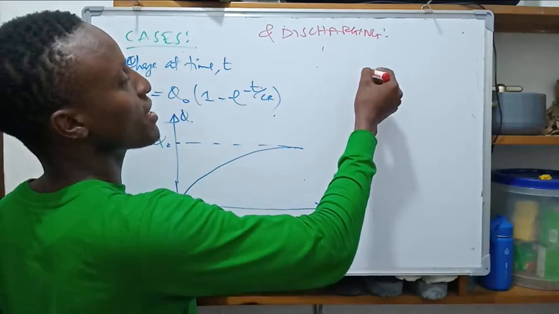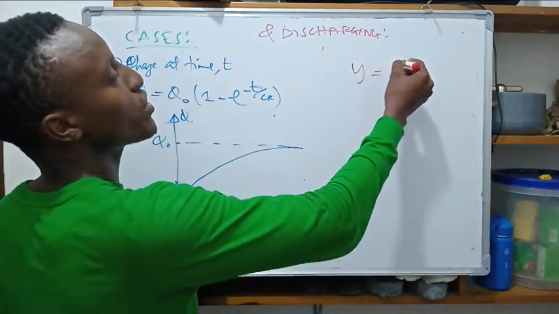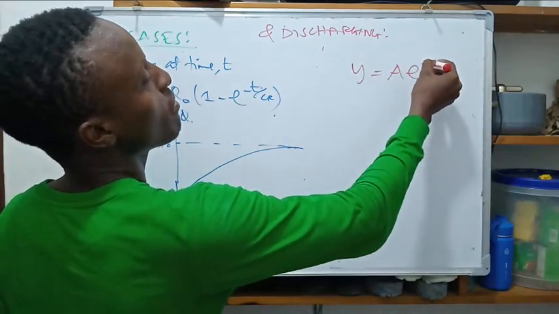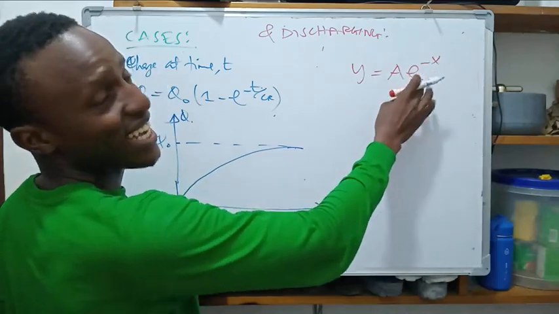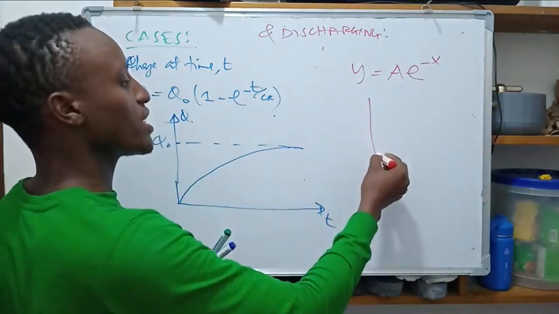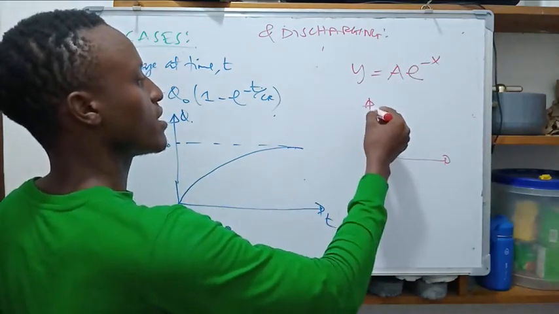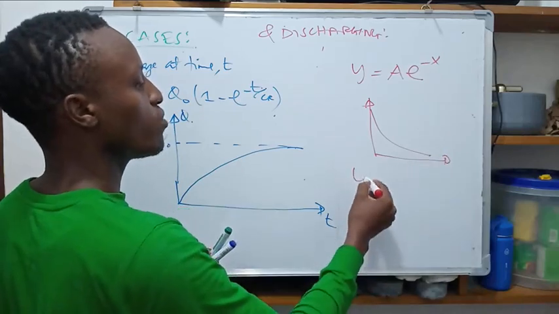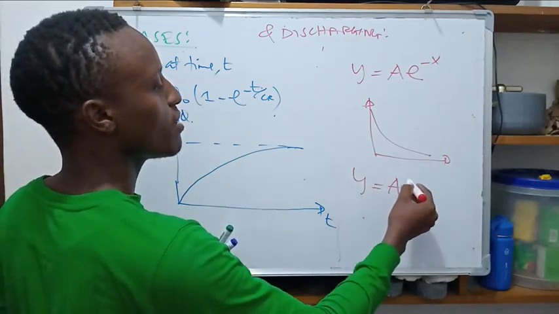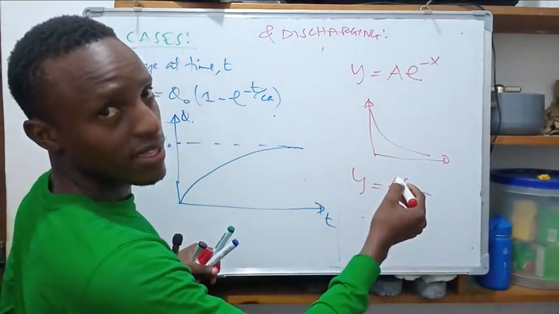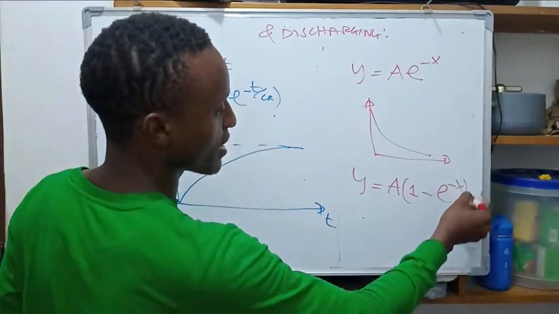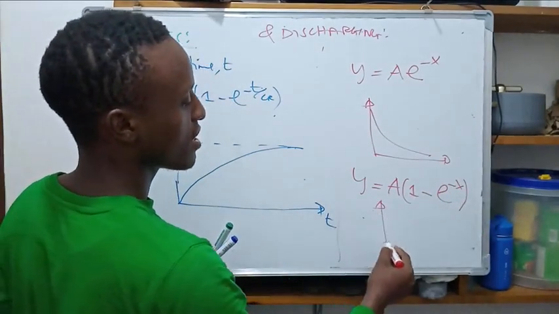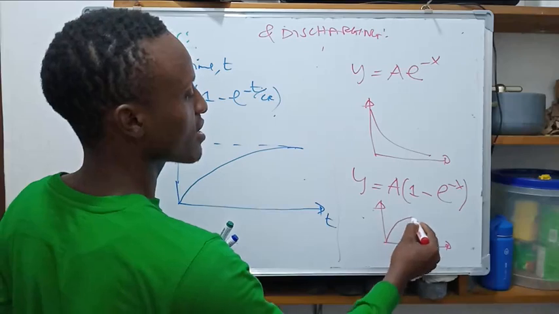When you see something like y is equal to A e to the negative x, you can draw it like this one. When you see y is equal to A but 1 minus e to the negative x, this should be reversed, like that.